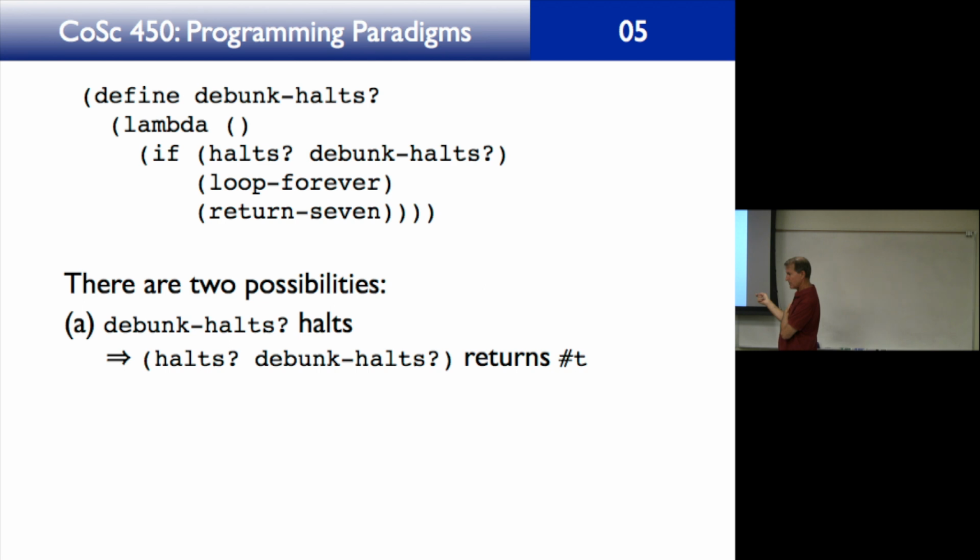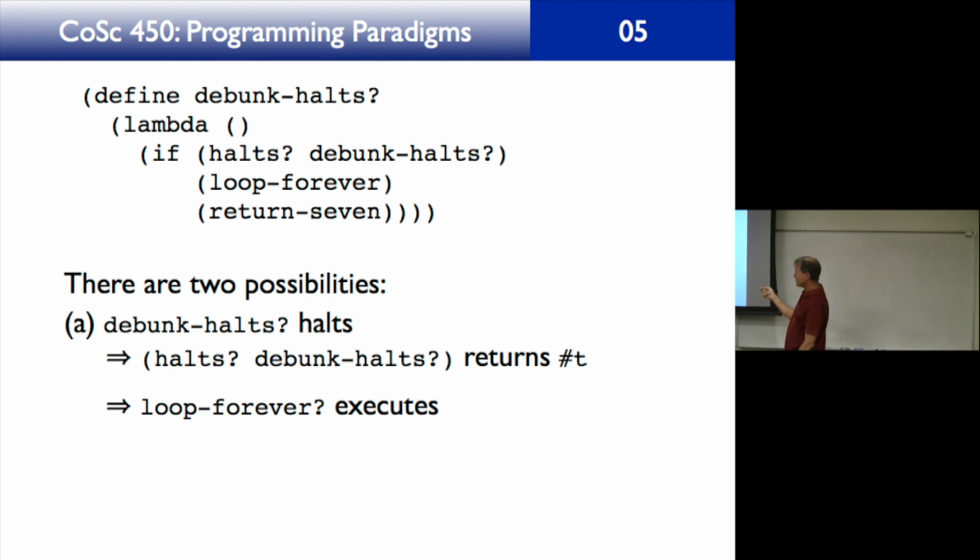Are you with me? Because we're assuming that halts works, that you can write halts. Okay, but on the other hand, if that returns true, what does that imply? That what executes? That loop forever executes. But wait a minute.